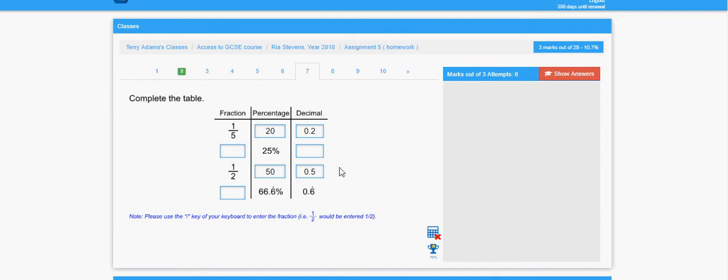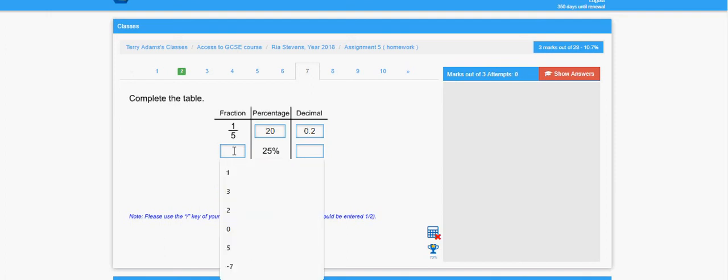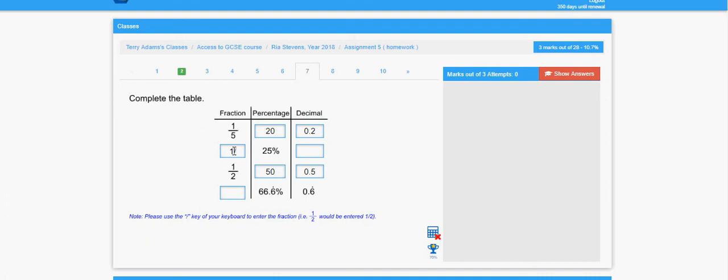And then, as I was going to say previously, 25% is half of 50%, so half of a half is a quarter. And as a decimal, 25% must be 0.25. It really is that simple.